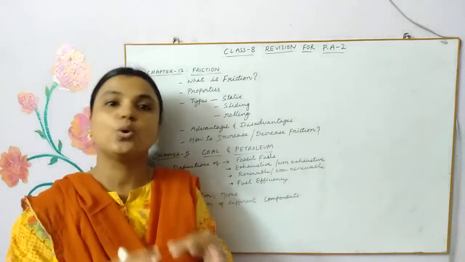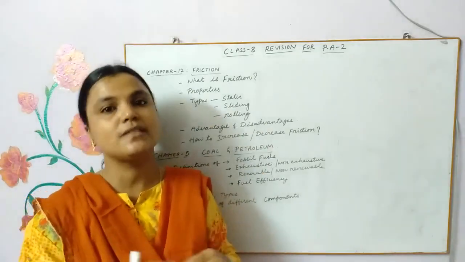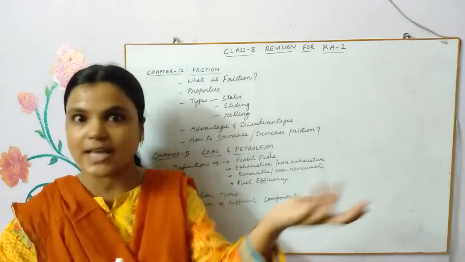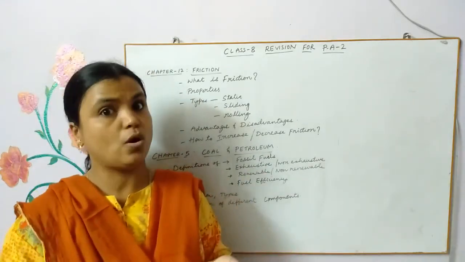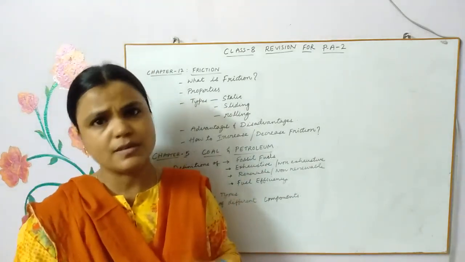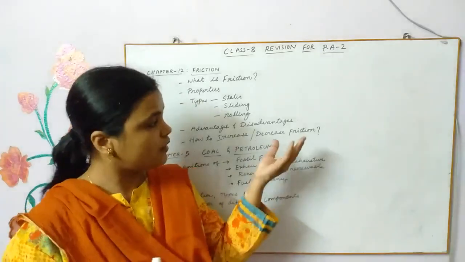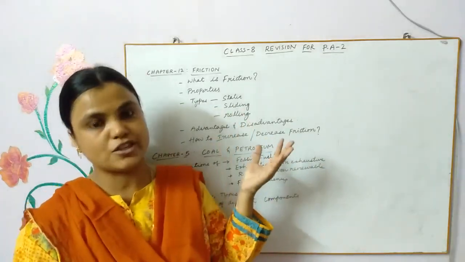So lubricants are those which reduce the friction. Some lubricants can be in powdered form like talcum powder, and some can be in liquid form, oil, right? And some can be in semi-solid form like grease. So all these reduce the friction.